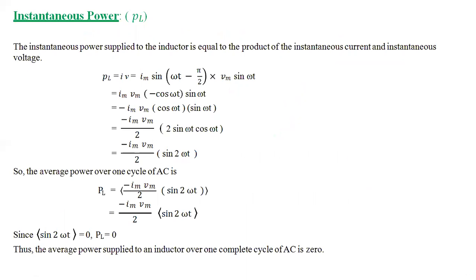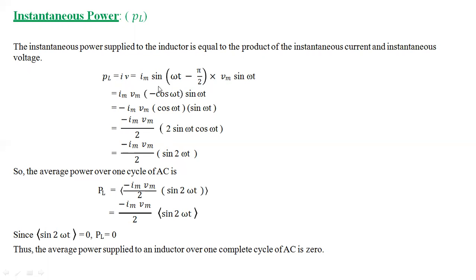The instantaneous power supplied to the inductor is the product of the instantaneous current and instantaneous voltage, that is P equals V into I. Taking the product of instantaneous voltage V and instantaneous current I, P is equal to Im sine of omega t minus pi by 2, into Vm sine of omega t.